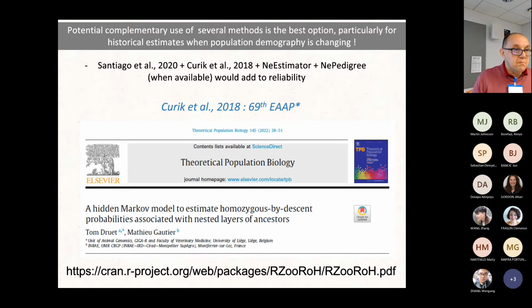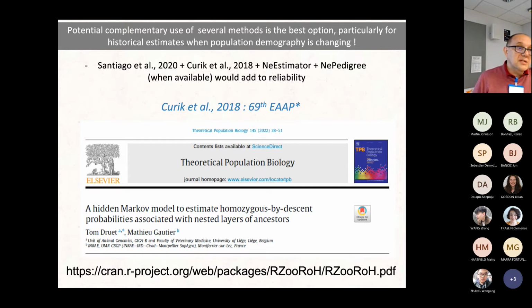The basic approach is first to use Santiago's method to roughly see my demography, and then correct it with some developments in the inbreeding effective population size. So, to combine something included in GONE, which is LD and gametic disequilibrium effective population size, with real inbreeding based on runs.